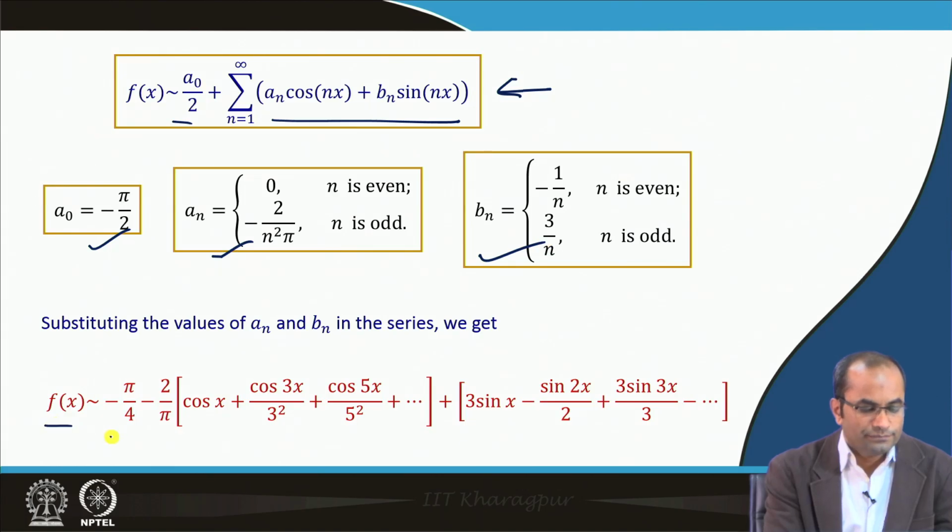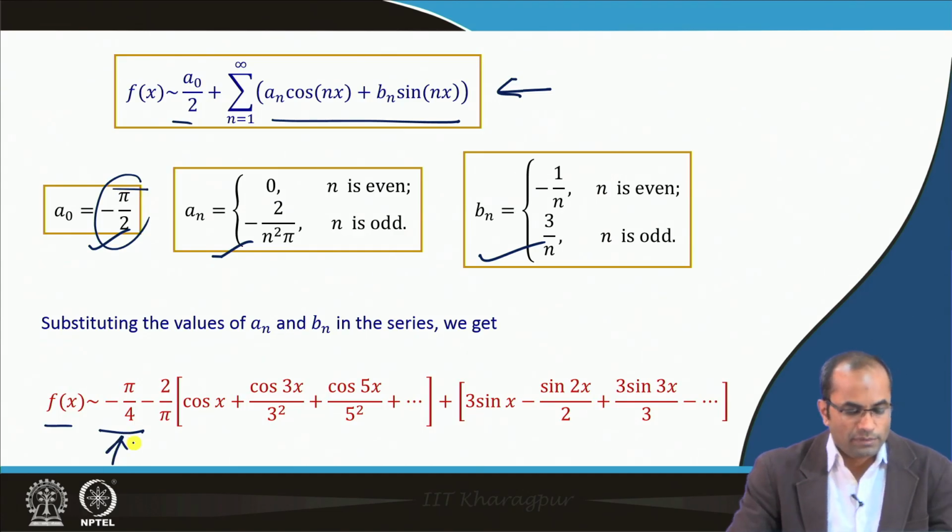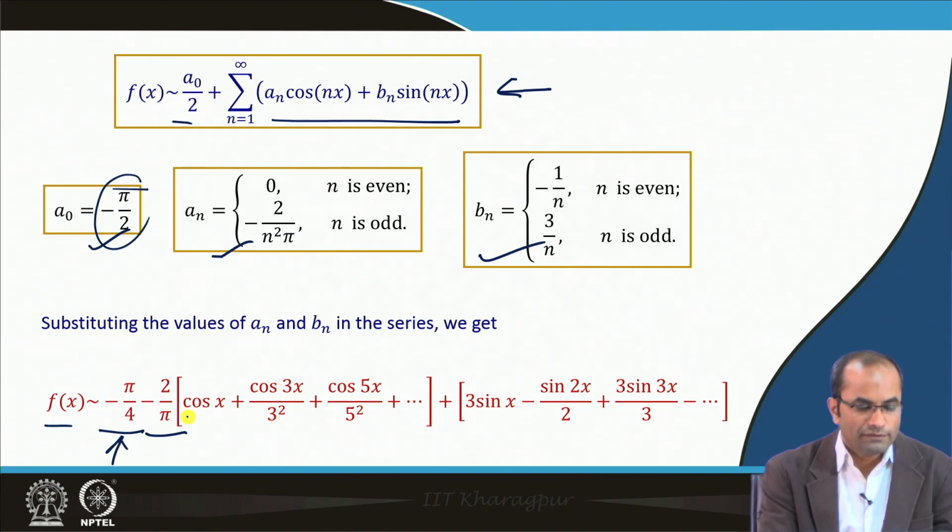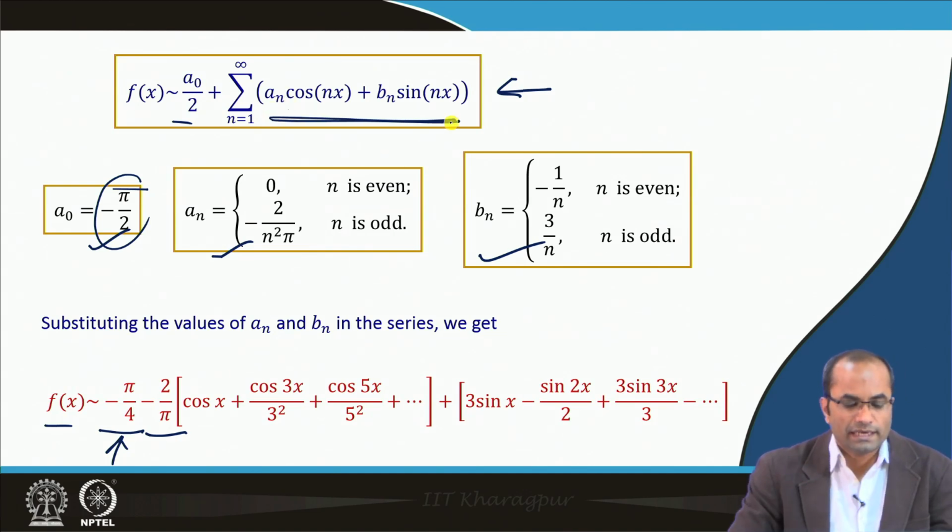So, f(x) we have minus pi by 4. So, a_0 by 2, this will be minus pi by 2, and then we have minus 2 over pi, that is the term which will come when we substitute this a_n and b_n terms.